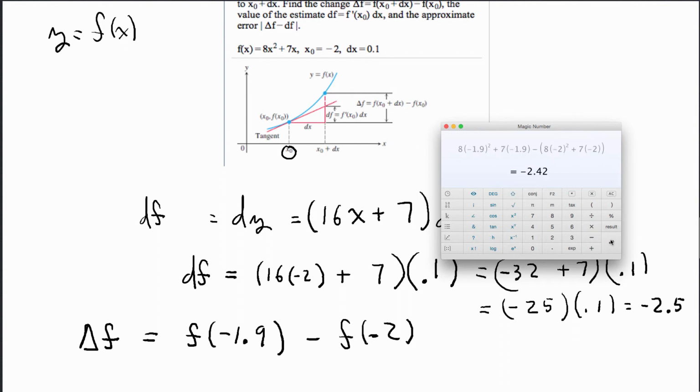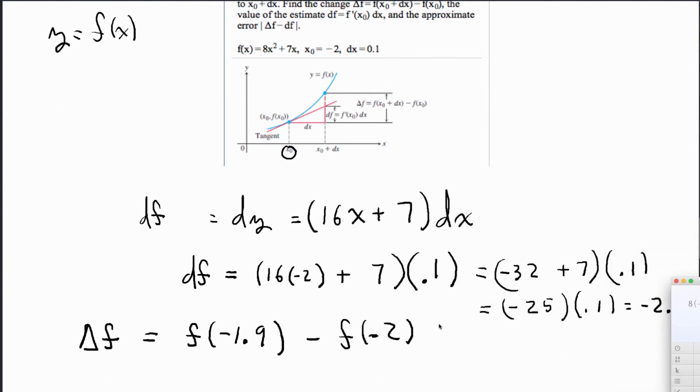And what do we get? So if we do this, find the actual change, we get a negative 2.42. So this is negative 2.42. Okay, so then what's the error here?